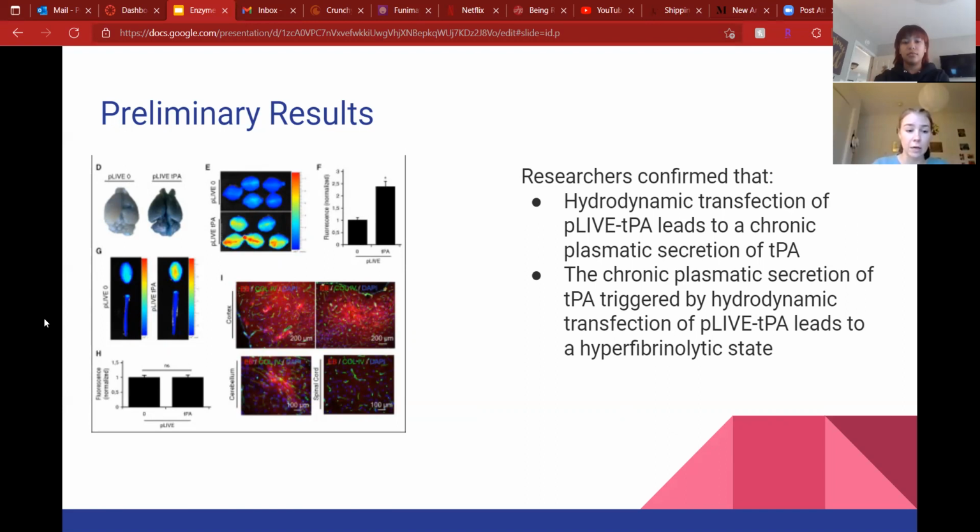So basically, their preliminary results just said that this system would be effective in analyzing how plasmin affects the brain, the blood-brain barrier system as a whole. So it was basically just saying that transfection with these plasmids is effective in creating conditions that look like the hyperfibrinolytic state.